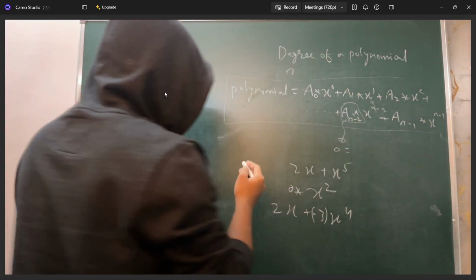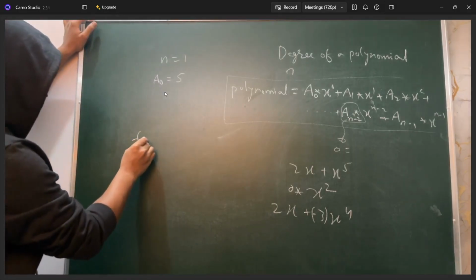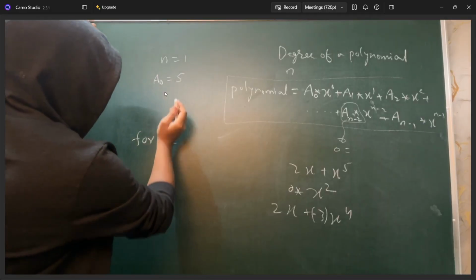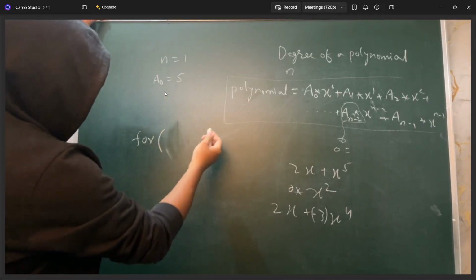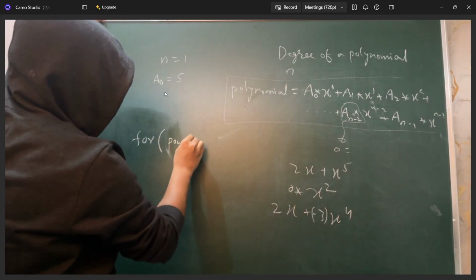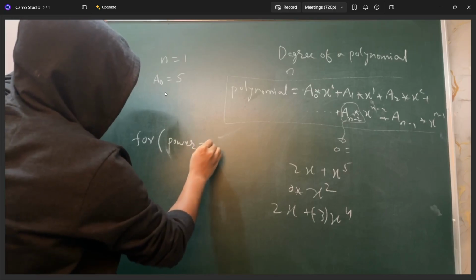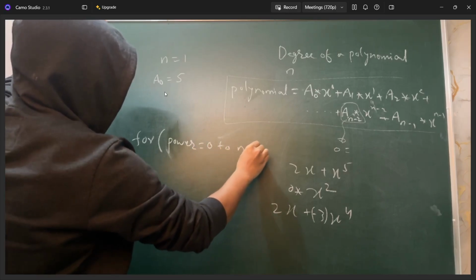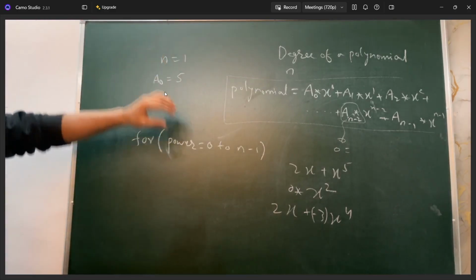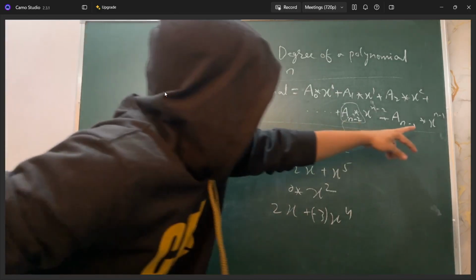So what you'll be doing is running a loop, wherein, since this is power, let me call it power only. So this power will be from 0 to n minus 1. For n terms in a polynomial, you will be having till n minus 1 as I showed here.